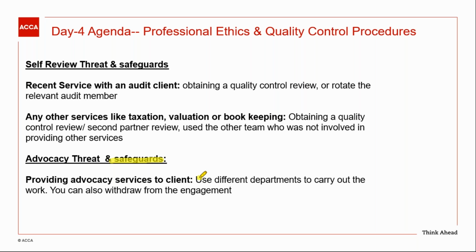You can use different departments if the risk can be minimized. If the risk cannot be minimized, then you can withdraw from the engagement. You should not do the audit of that client. So this is all about the advocacy threat.